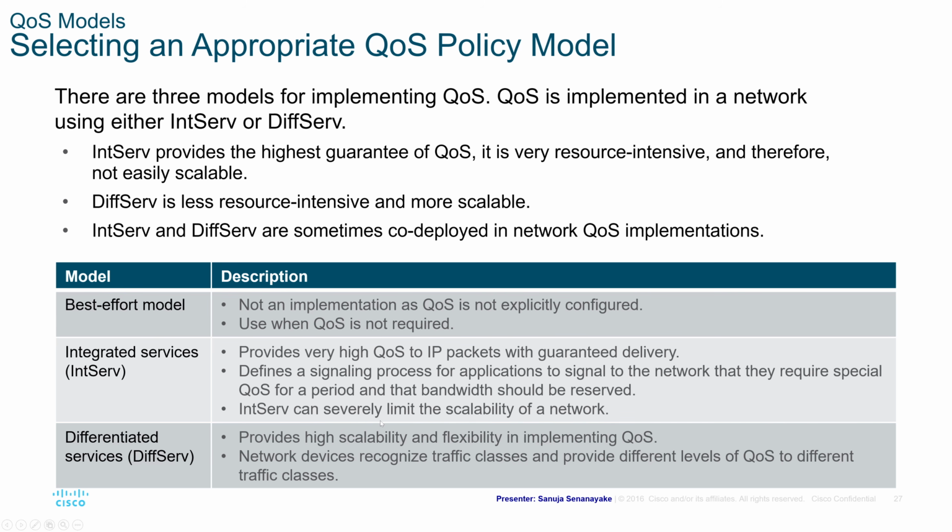IntServ can severely limit the scalability of a network because of the way that it is implemented. Differentiated services, also known as DiffServ, however, provide high scalability and flexibility in implementing quality of service. Network devices recognize traffic classes and provide different levels of QoS to different traffic classes in this situation.